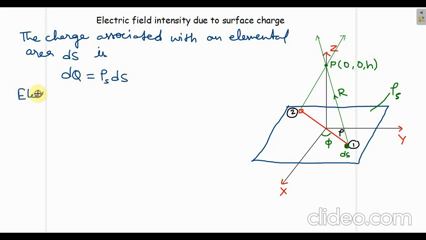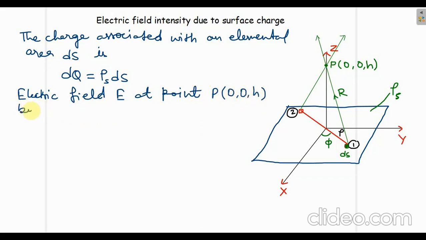Now the electric field intensity E at point P, the point at which the electric field intensity is required to be determined, at 0, 0, H, by this elemental charge dq on the elemental surface 1.